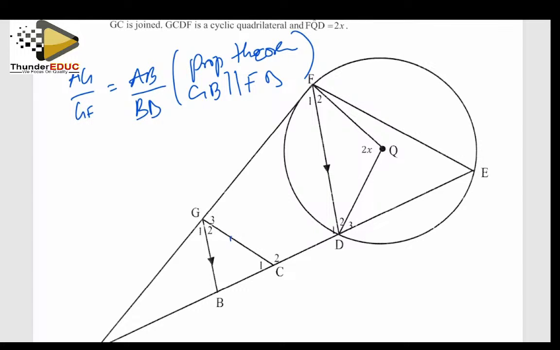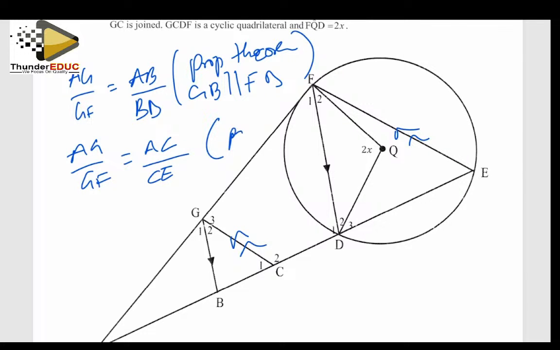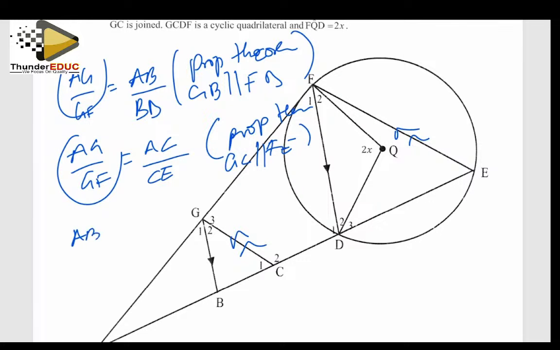Let me look at the bigger triangle since we know that these two sides are also parallel. AG over GF should give me AC over CE. Same reason, proportionality theorem, because GC is parallel to FE. Now, since both have AG over GF, I will equate both and say AB over BD should give us AC over CE. So that is what the question wanted.